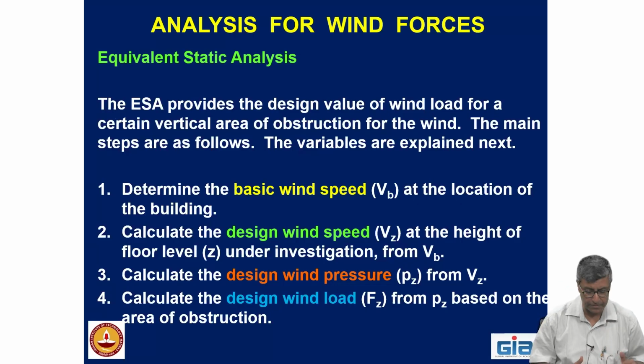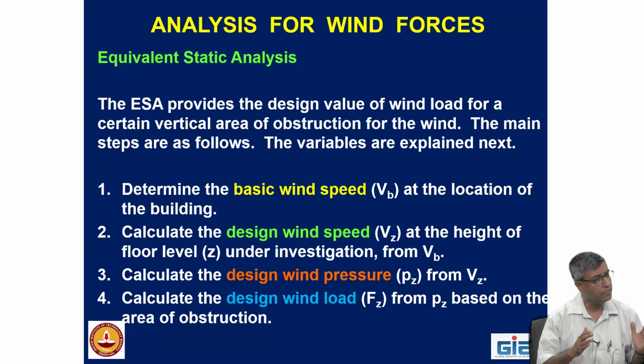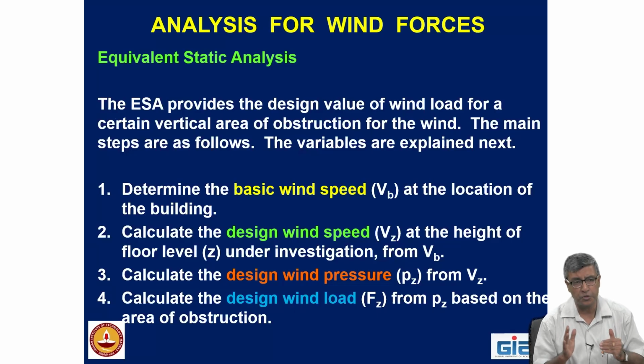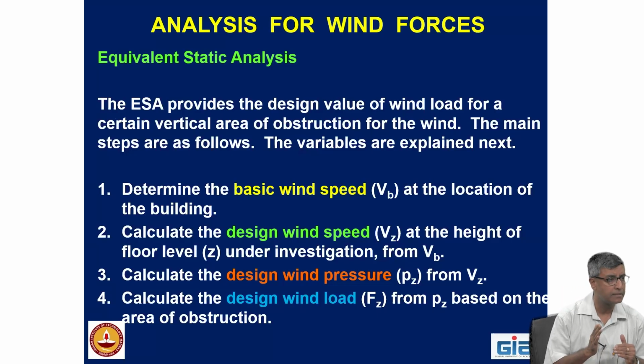But if the building height is more than 10 meters, then you will consider the variation of the velocity with a modifying factor. From the velocity, you then calculate the pressure on the surface which is obstructing the wind flow and normal to the direction of the wind flow. That means you have to consider a projected surface of obstruction.